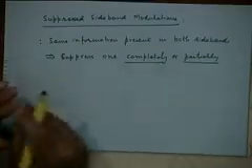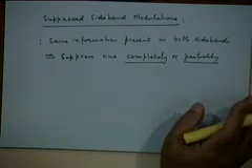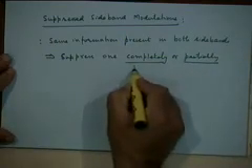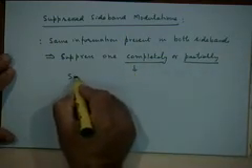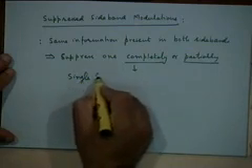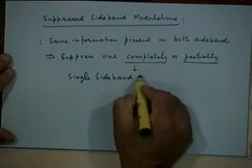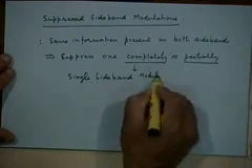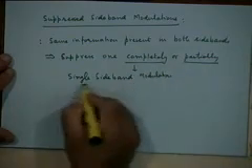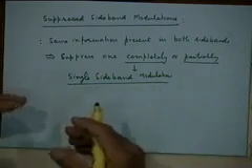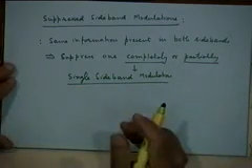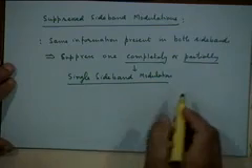So when we suppress it completely, one of the two sidebands goes, and that leads to what is called single sideband modulation, because you are either transmitting the upper sideband or the lower sideband.